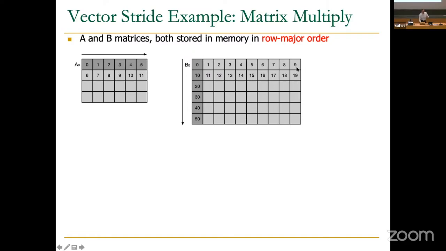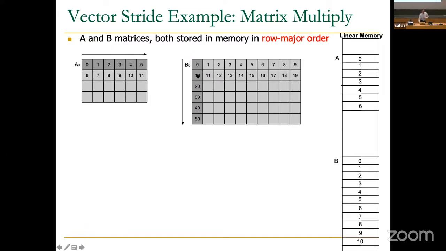It has 10 elements in a row, and they're stored in consecutive order. The next row starts from offset 10. So clearly, this is what they look like, basically. I didn't show the entire thing over here because I don't have space, but A starts from some location, and these are the offsets of the elements, and this is what they correspond to in the matrix. B starts from some location in memory, and these are the offsets of the elements, and this is what they correspond to in terms of the visual structure of the matrix.